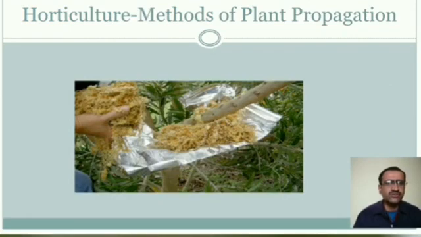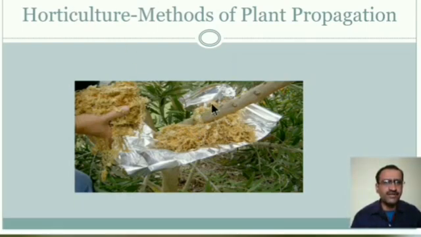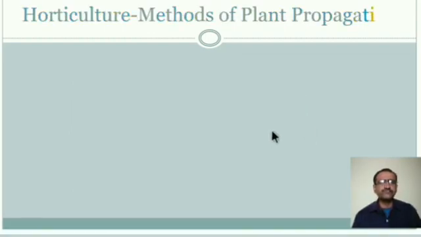At a specific concentration they apply it on the ring, and after that some moss is wrapped here. Okay, some moss is taken and wrapped here, and afterward a polythene sheet is tied on that ringing portion. Okay, this is the further process.